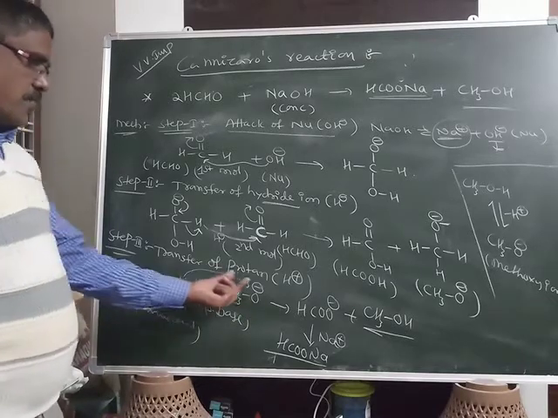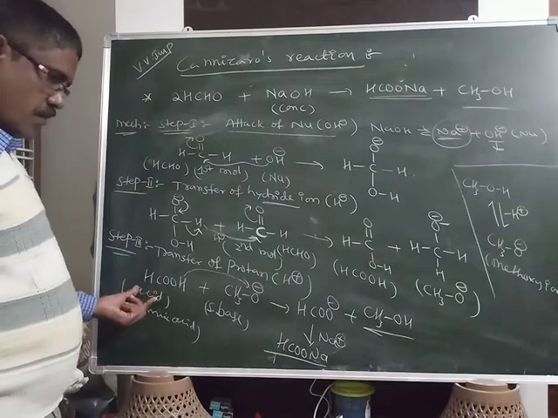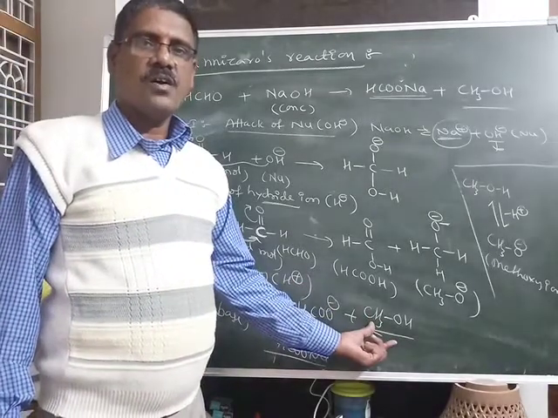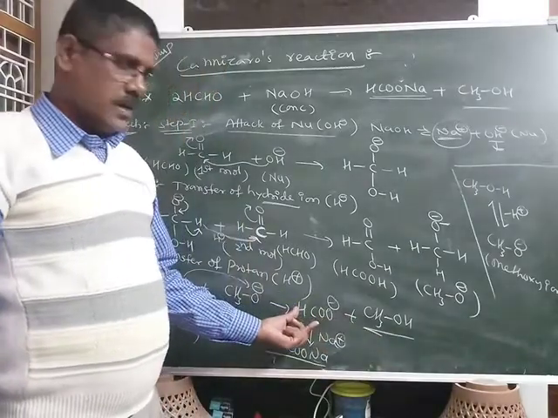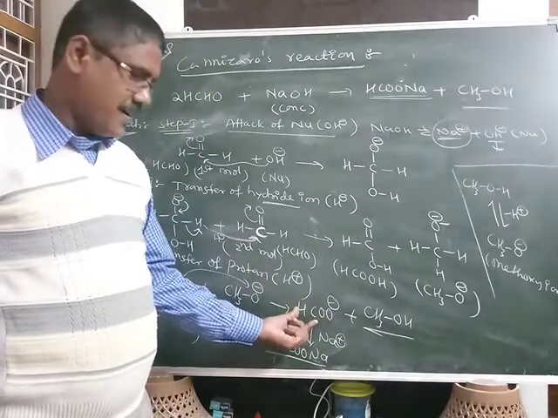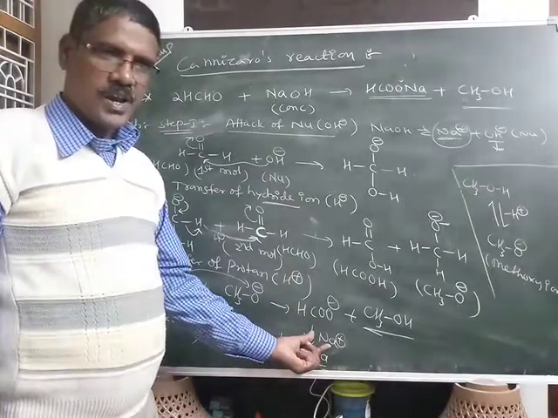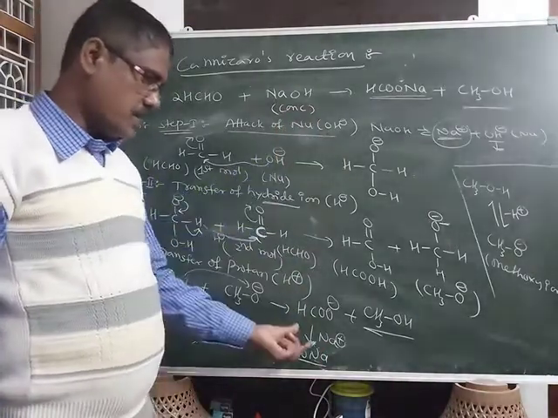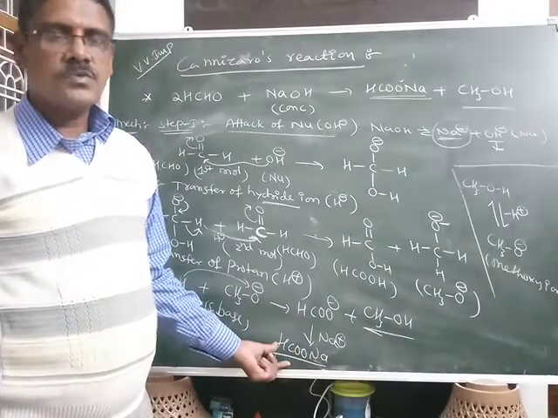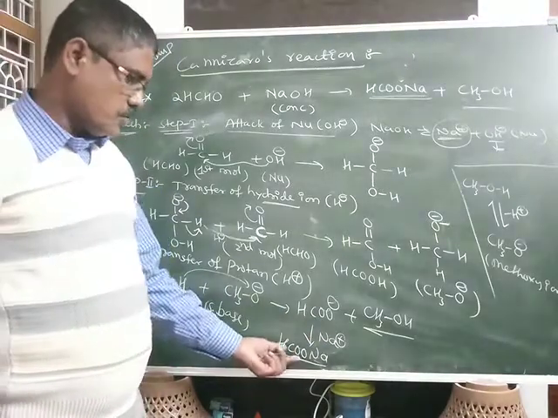That's why it attracts the H plus ion from the formic acid. That's why it becomes methyl alcohol, and the carboxylate ion, the formate ion, takes the Na plus ion present on the base, and the Na plus reacts to form the sodium salt of the carboxylic acid, that is sodium formate.